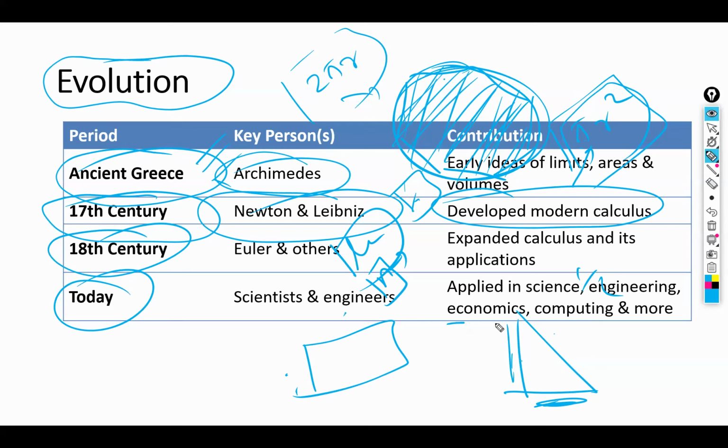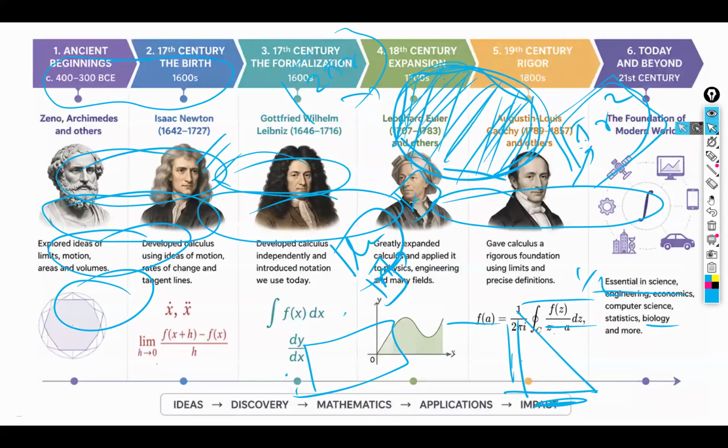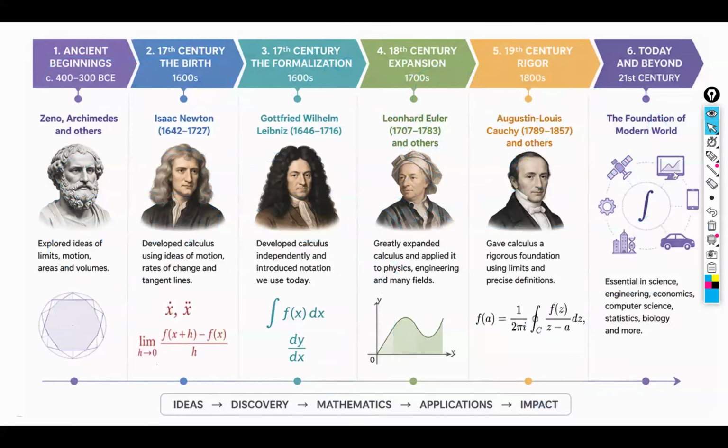Mathematicians keep evolving, keep building more and more concepts of calculus. So that is a bit of history, a big picture of the history, from ancient Greece, like Archimedes, to Newton.